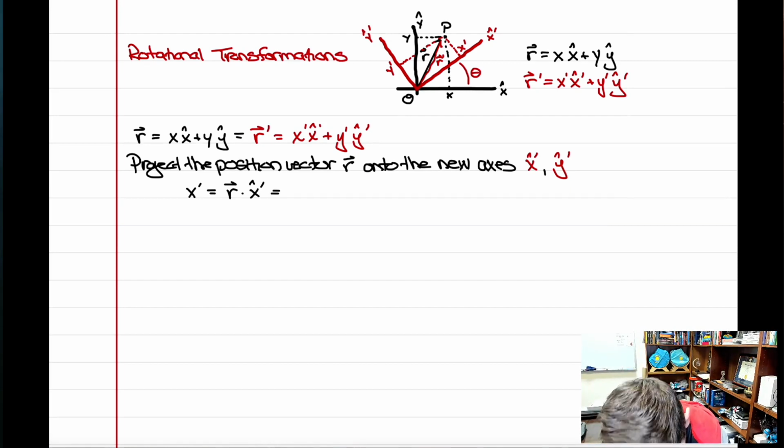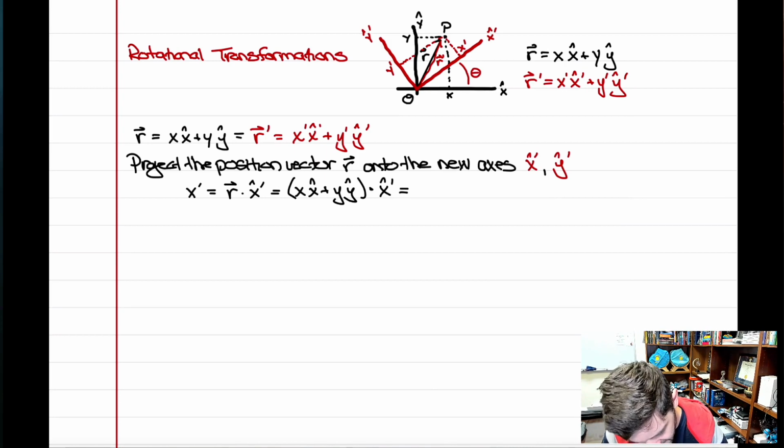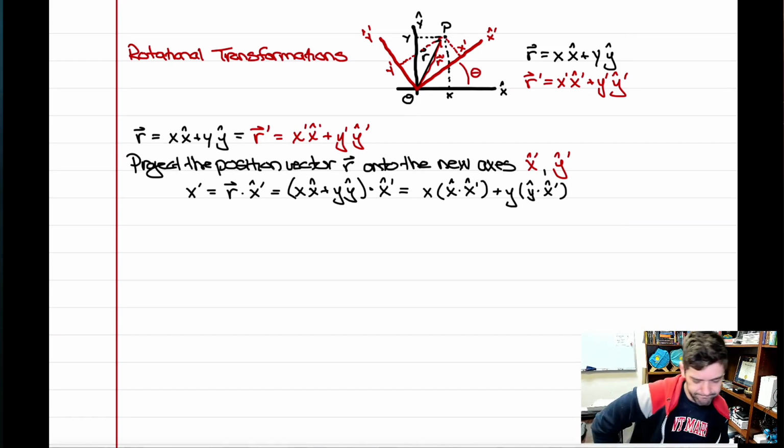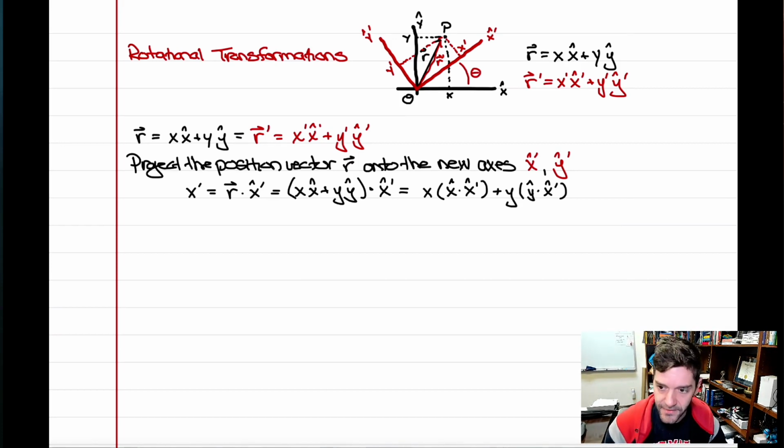Well, I also know what a dot product is. I know that r is x x hat plus y y hat. And then this is being dotted with x hat dash. So by properties of the dot product, it looks like this is just x times the dot product of x hat and x hat dash, that's the first term, plus y times y hat dot x hat dash. I really just distributed the dot product, and then I am dotting the unit vectors.